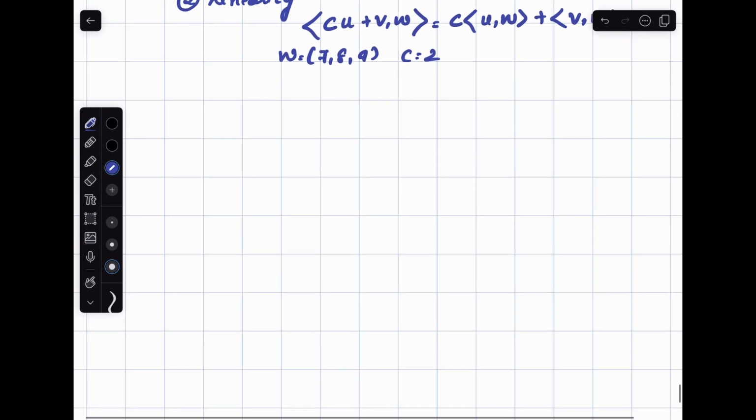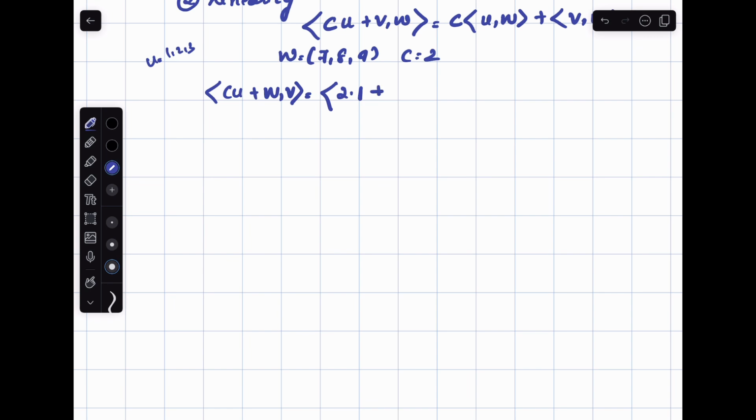Okay, now if I try to compute c into u plus w comma v, what is c? c is 2, right? 2 into what is u, 1 2 3, yes, so it is 2 into 1 plus what is w, 7, so 2 into 1 plus 7, comma, next is 2 into 2 plus 8, comma, 2 into 3 plus 9.